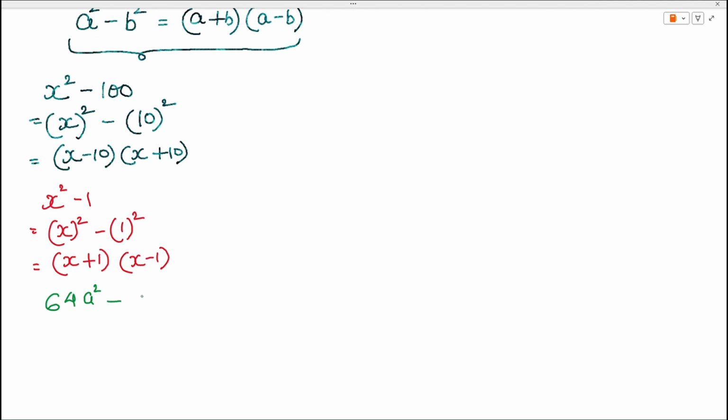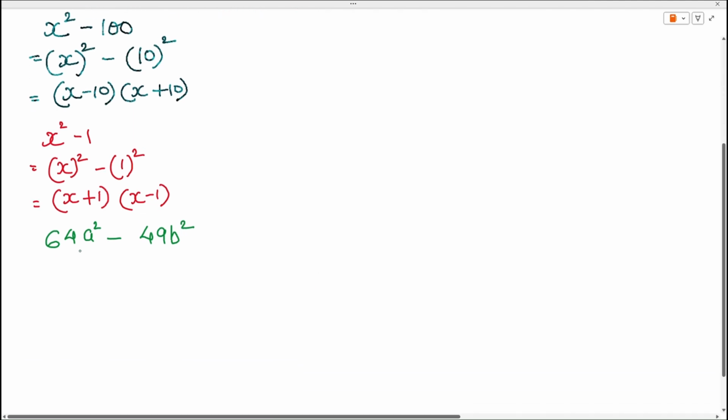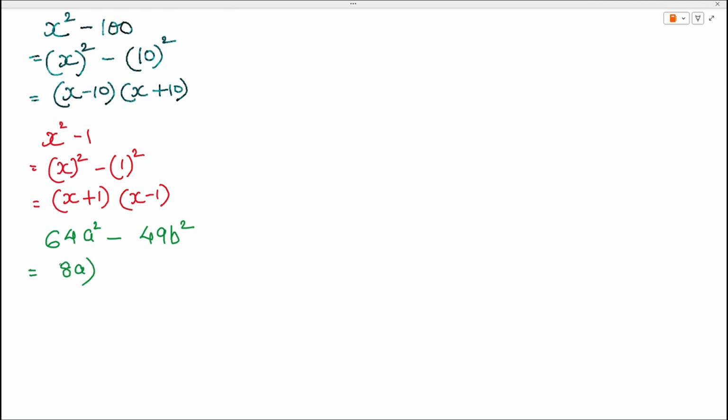64a square minus 49b square. Again, we can see that the first term and the second term both are perfect squares. The square root of 64a squared is 8a, and this is important because we need the square of the whole term. So 8 squared is 64 and a squared is a squared.